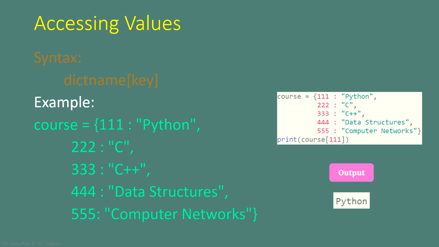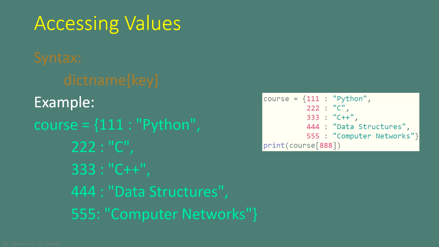In a list, if we give an index which does not exist, then we will have an error, right? Similarly, in a dictionary, if we provide a key for which we don't have a value, it means that key is not present in the dictionary, and we will have an error.